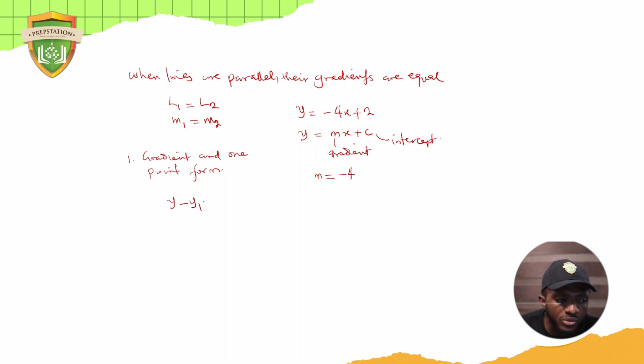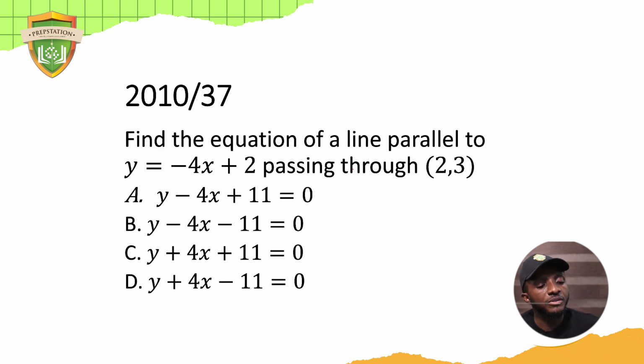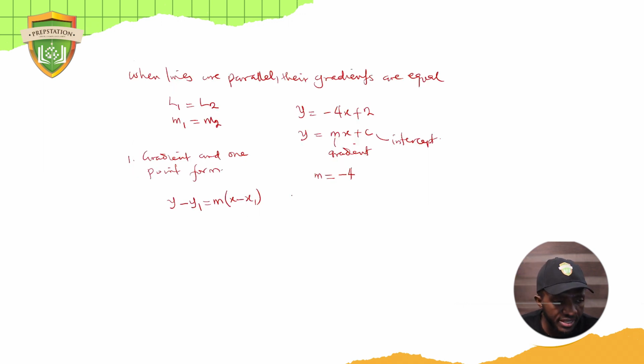y minus y1 equals m into x minus x1. We've been given the point 2, 3. So remember that. The point is 2, 3. Okay, let's go.